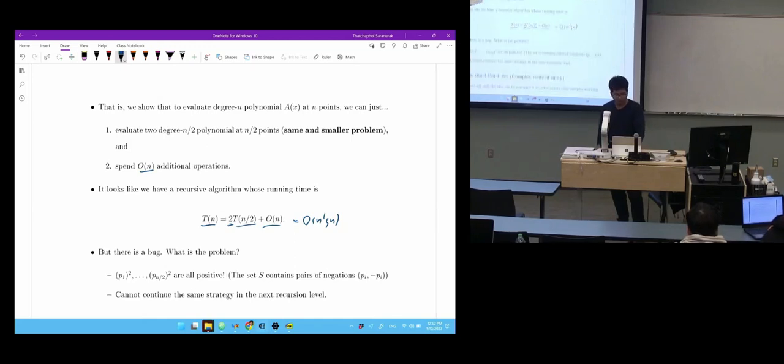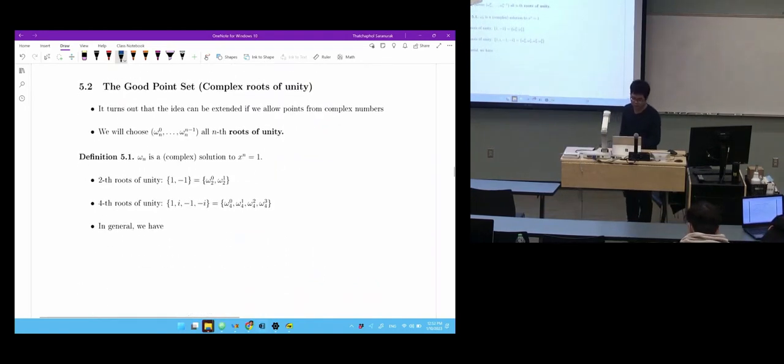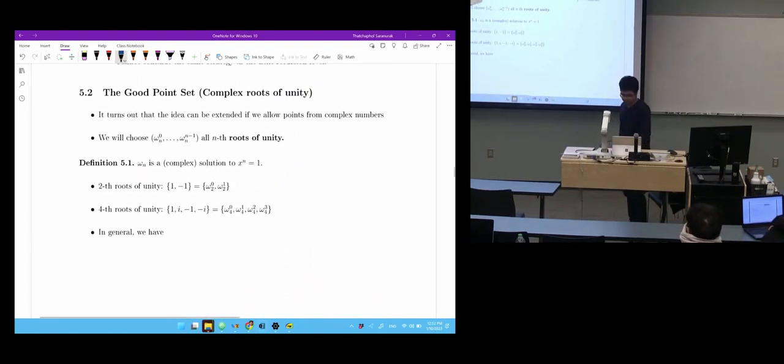Okay. So now let me tell you that we have the right idea actually. To make this idea work, we will go to complex numbers.